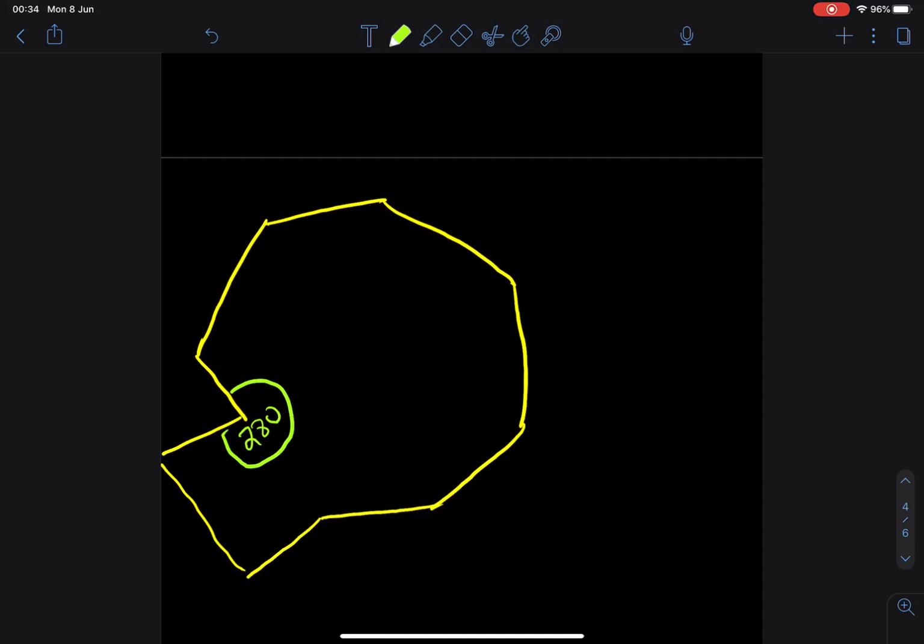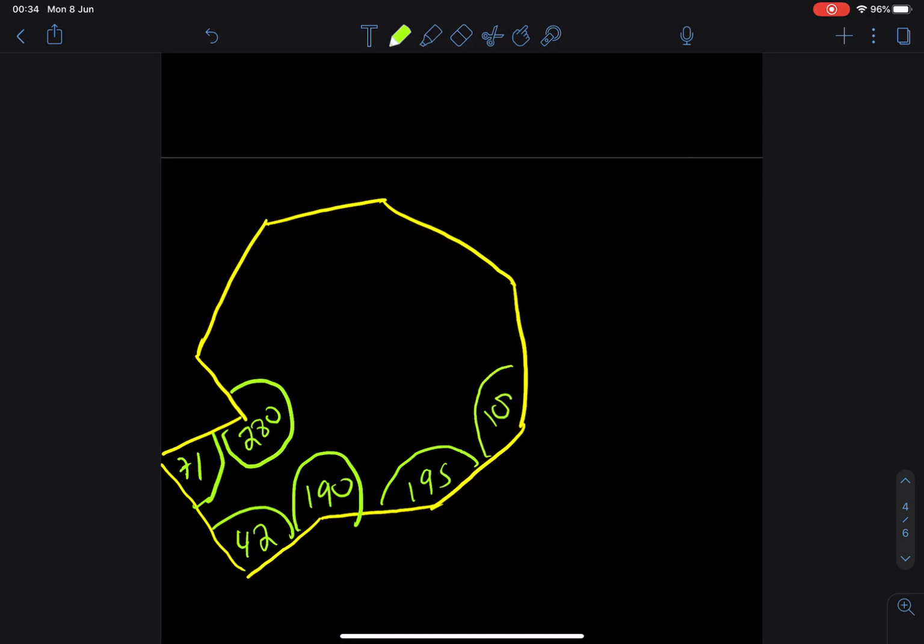I am making this up, in case you haven't noticed, as I'm going along. 71, 42, 190, 195, 100, another 100, just making this up, 120, and 150 degrees.